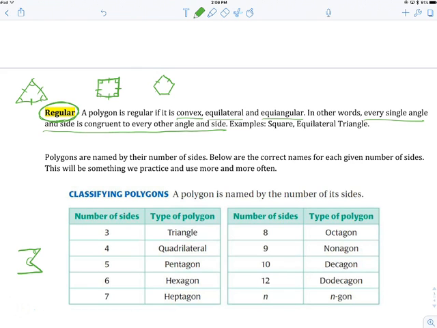It's not regular looking, but it is a pentagon where all sides are equal or congruent and all angles are congruent. And you can do this with any number of sides. So you can have a regular 6-sided figure, regular 20-sided figure. The more sides, it starts to look basically like a circle. But if it's regular, that means every single side and every single angle in that shape is congruent to one another.